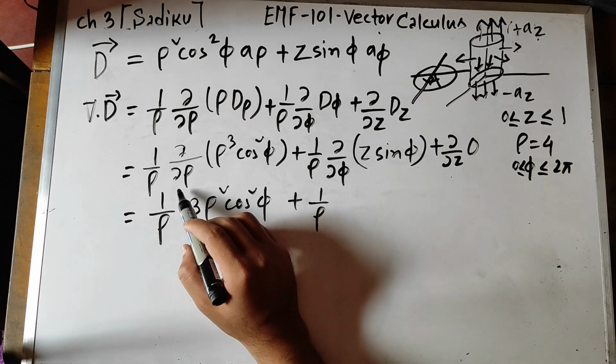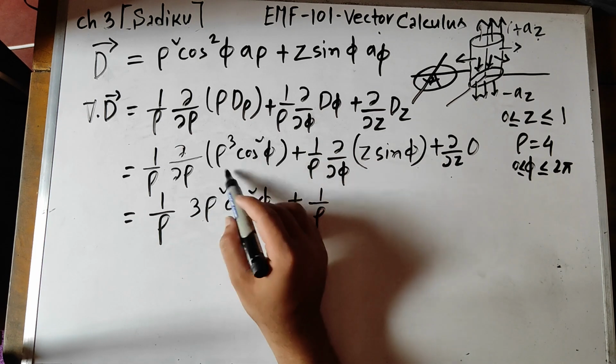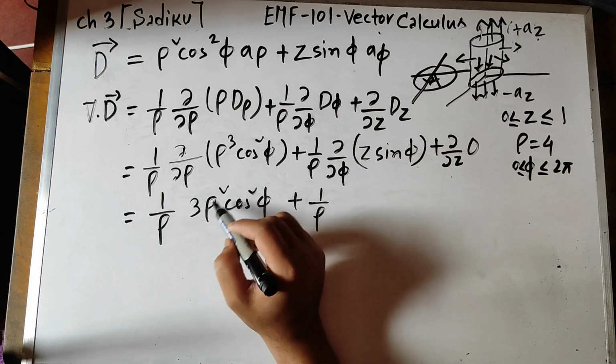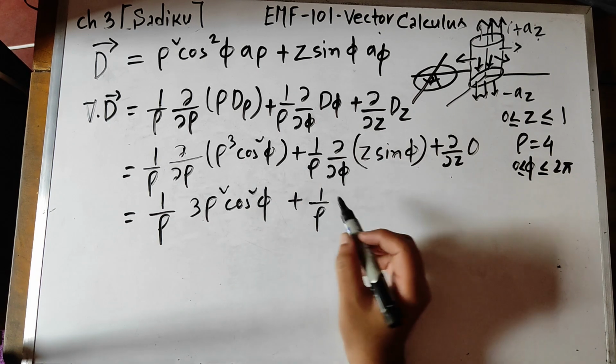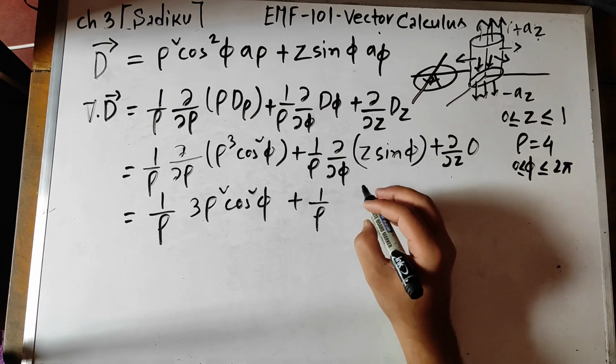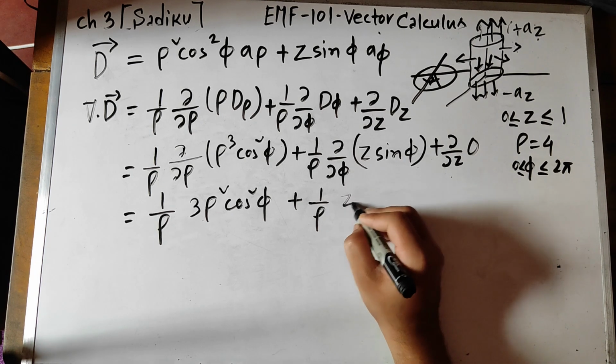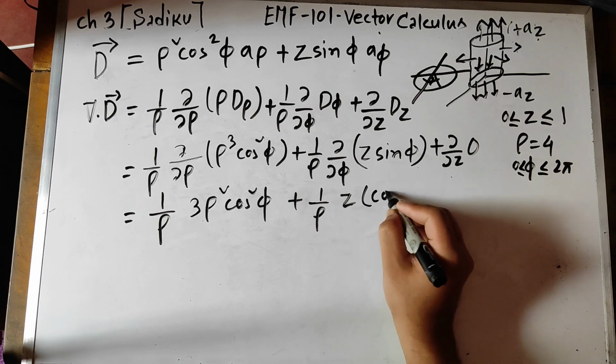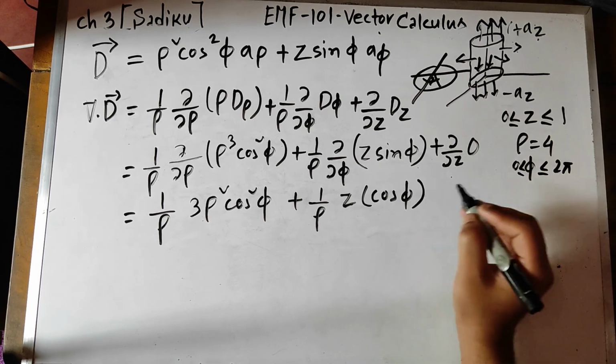So the partial differentiation with respect to rho of this component gives 3 rho square cos square phi, plus 1 by rho times the partial differentiation of the phi component, which gives z cos phi.